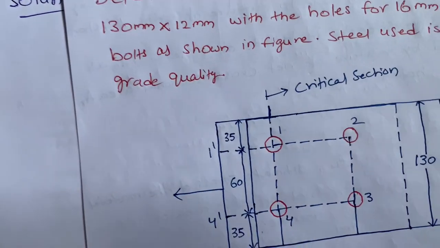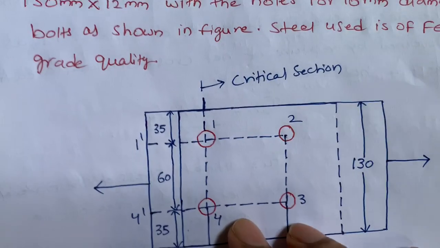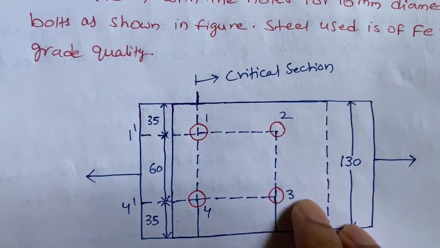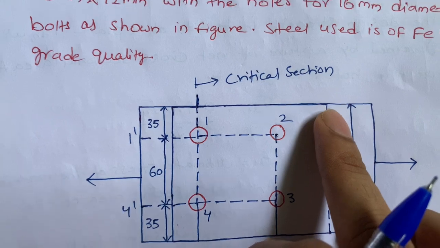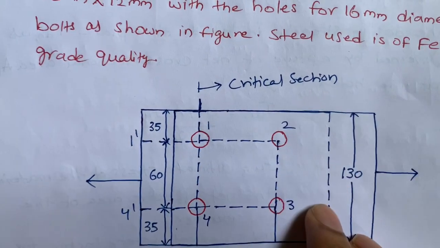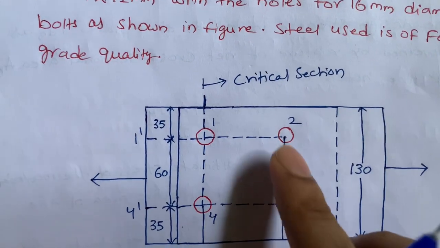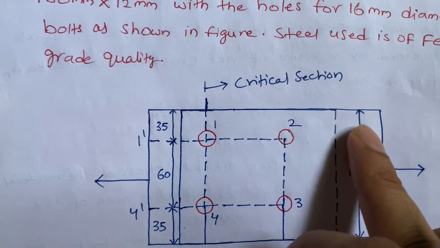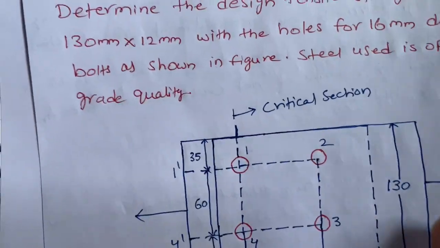That means here area means L into B, length into width. So this 130 is the length, and the width is the thickness of the plate, because we are calculating the cross section area.